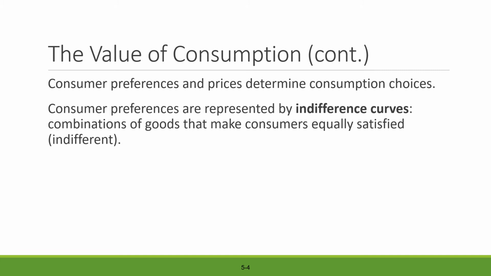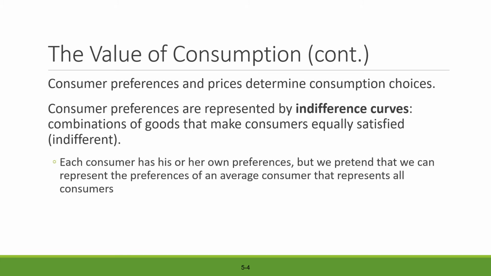A consumer can choose between two commodities, may choose 15 units of food and 3 units of cloth, or he may choose 13 units of cloth and lesser units of food in that regard, and he can be indifferent between these two. So his choice depends upon the indifference curve and again on the prices of the commodity.